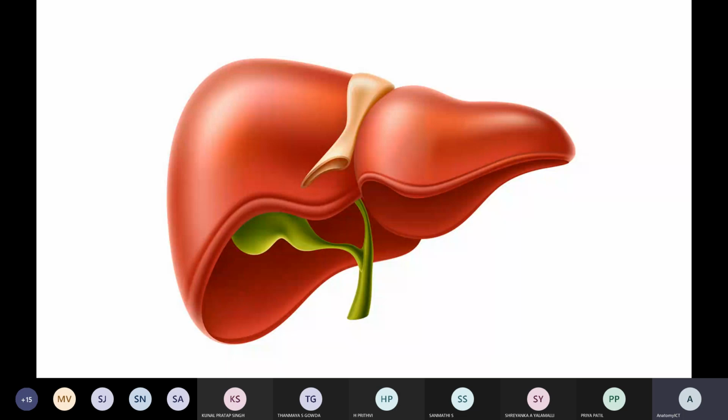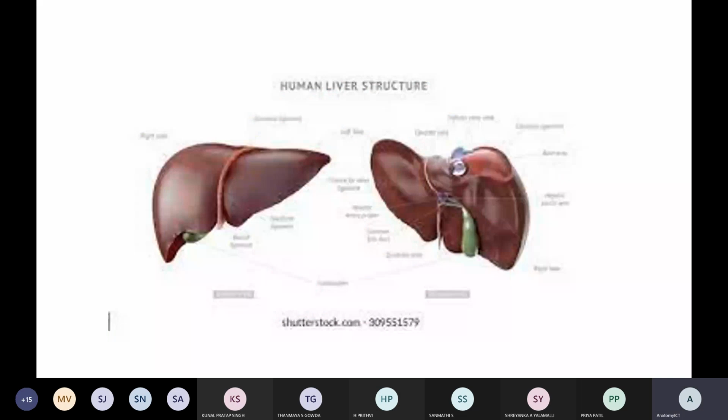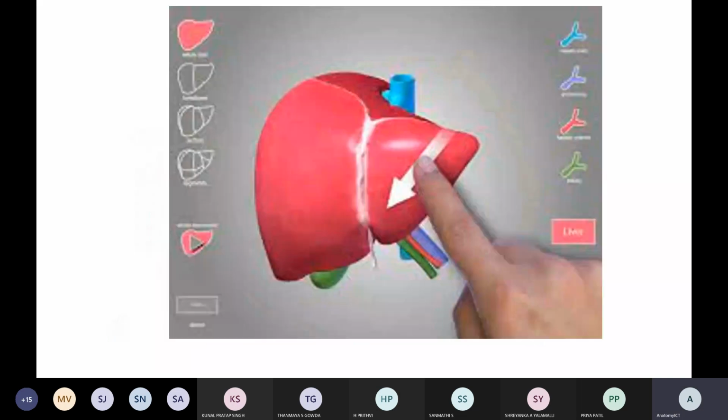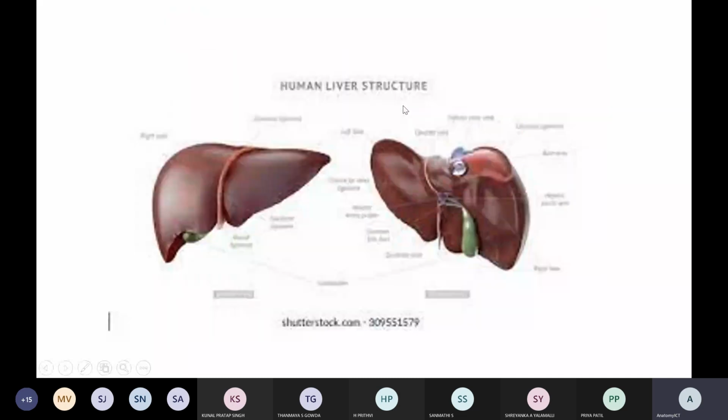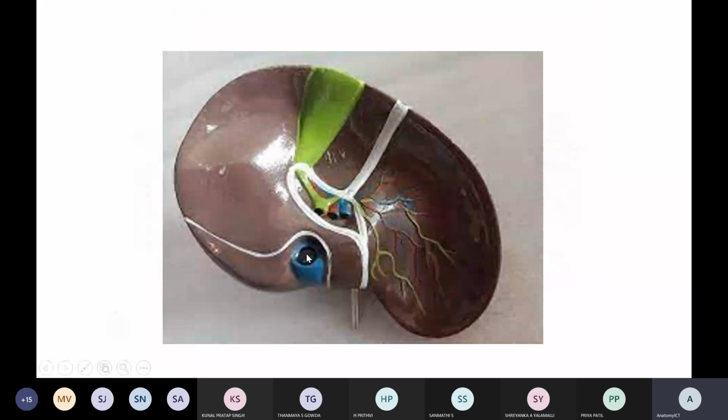The primary support is the inferior vena cava. This is the inferior vena cava, which is pierced exactly within the lobe of the liver.